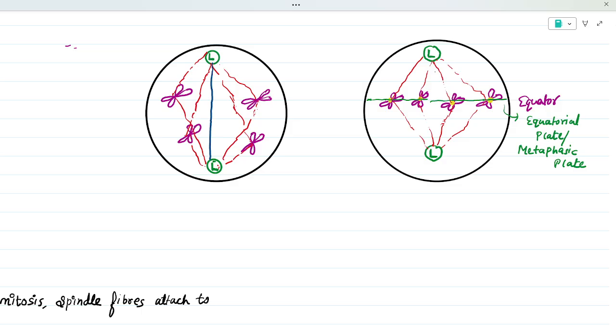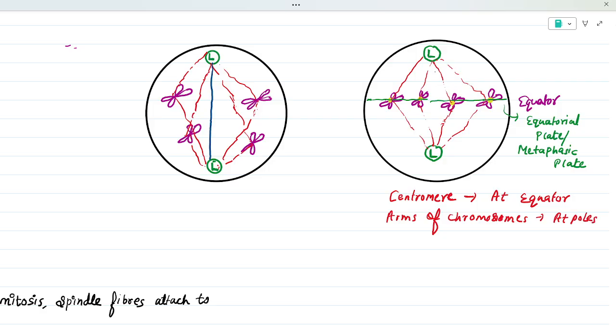So you can see here the centromere of all the chromosomes at the equator, and the arms of chromosomes are aligned at poles, right? That is a very important MCQ.